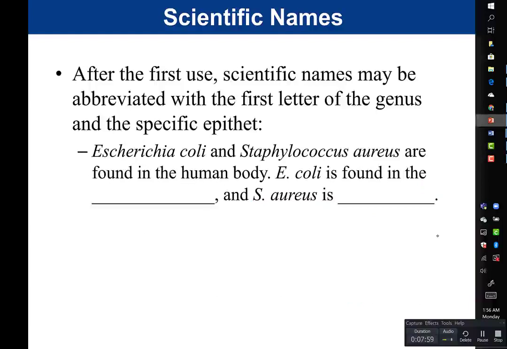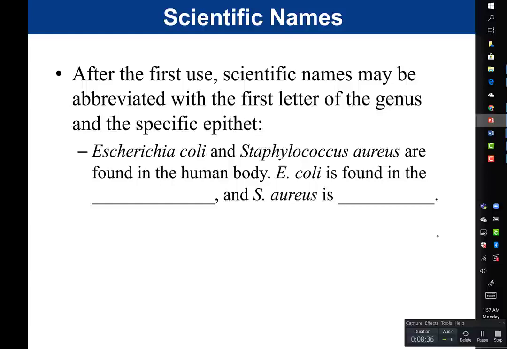So when we write out organism names, the very first time we describe it, let's say in a paragraph, we have to write out the genus and species. You don't abbreviate the very first time. You have to fully write out the genus and the species. However, if you continue to talk about that organism, then you can abbreviate the genus. So let's take a look at this. If this is what I'm writing, Escherichia coli and Staphylococcus aureus are found in the human body.